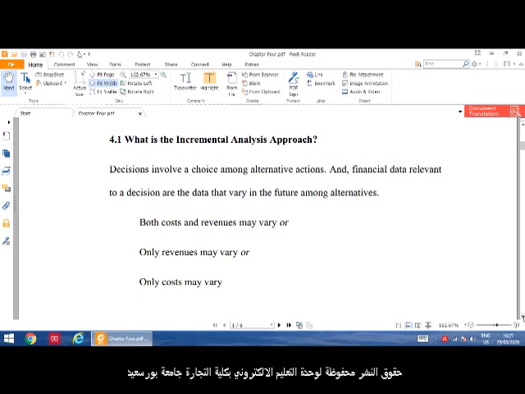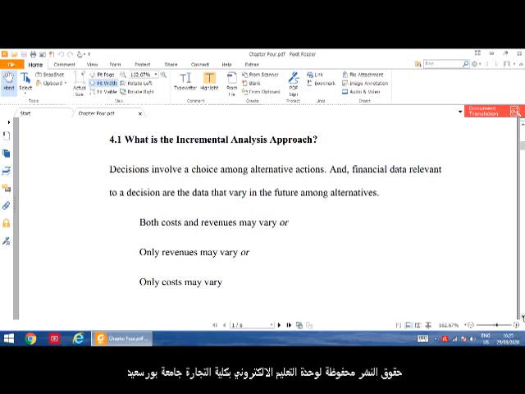Of course, when the decision maker makes a decision, he or she chooses from among alternative actions. And financial data relevant, suitable to a decision are the data that vary in the future among alternatives. Financial data play a vital role.